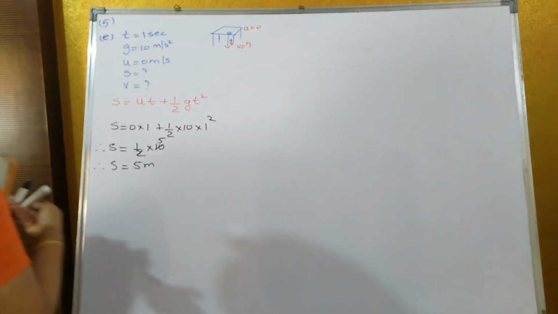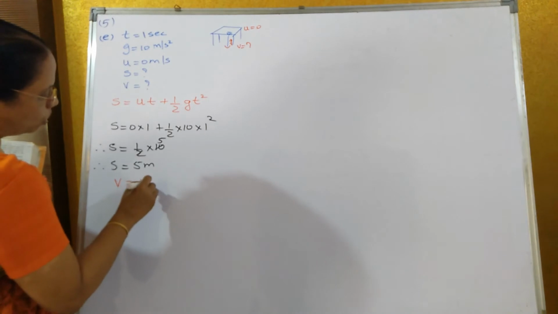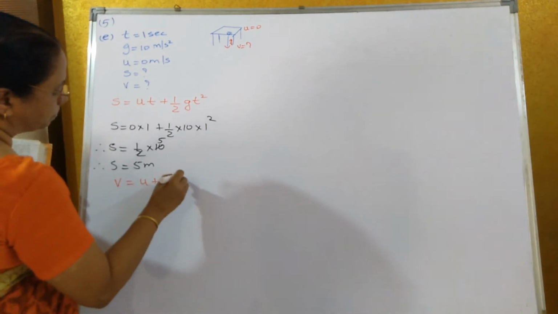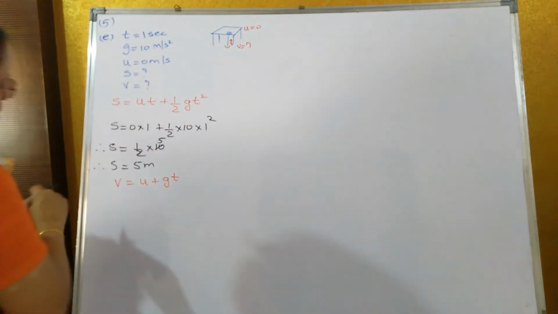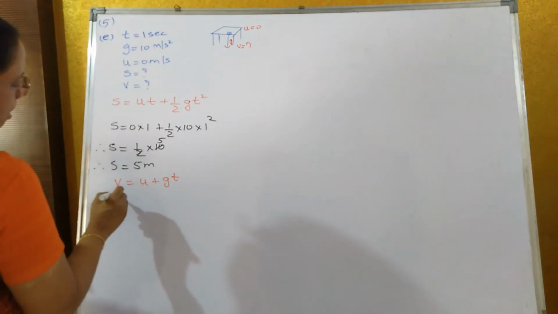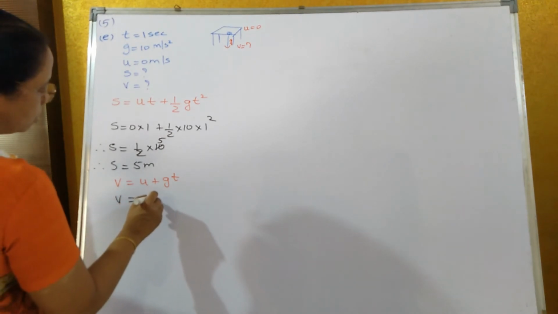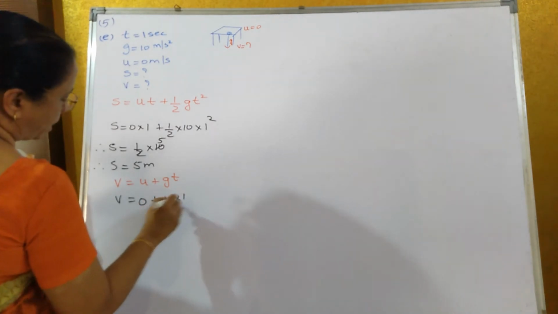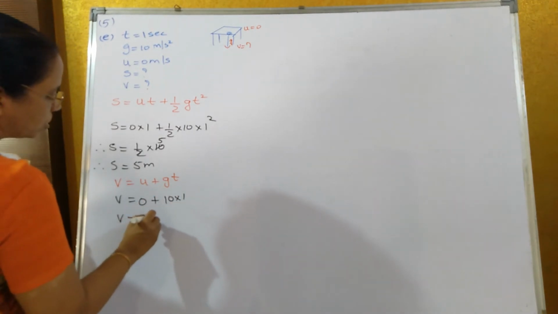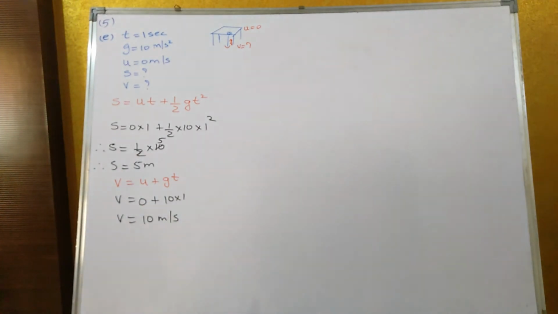Now we have to find out the final velocity. So we will use the formula v is equal to u plus gt. So v is equal to u, which is 0, plus g, which is 10 into 1. So v is equal to 10 meter per second.